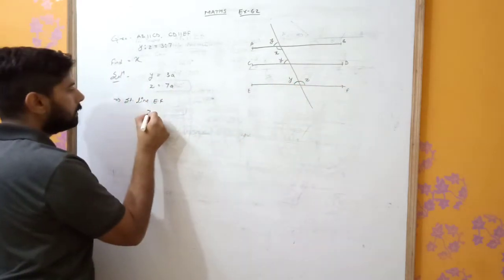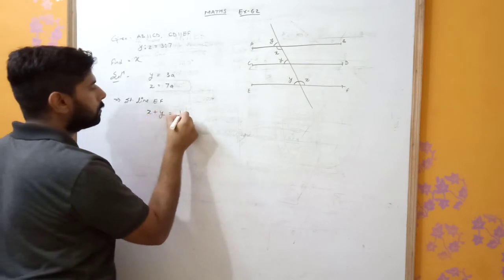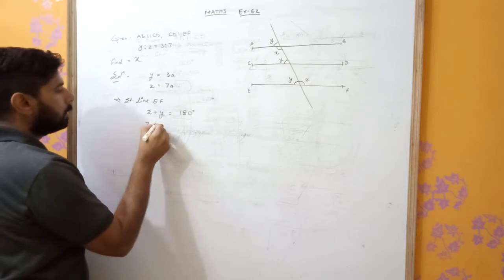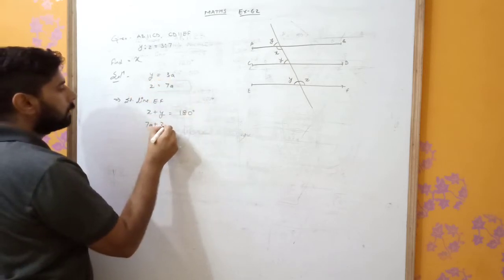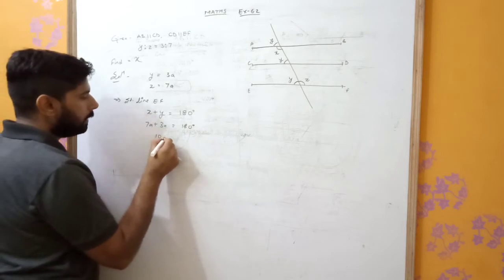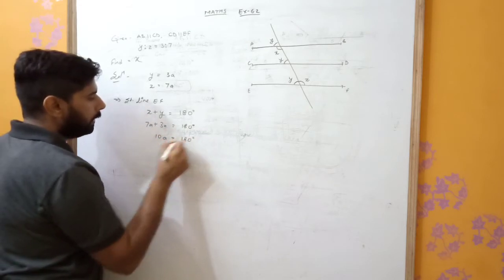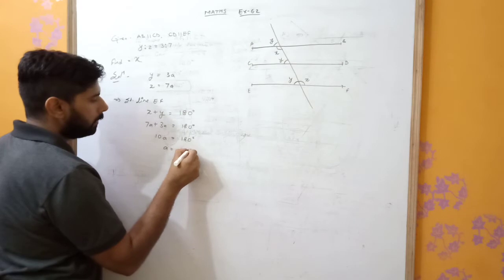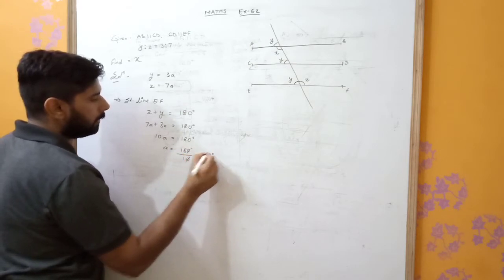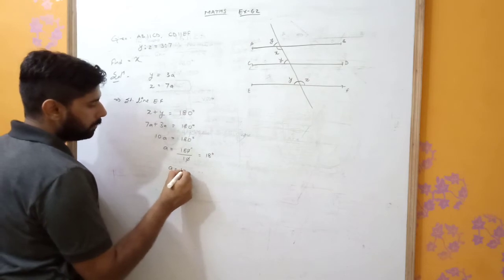That means z plus y is equals to 180 degree. Z is 7a and y is 3a is equals to 180 degree. That is 10a is equals to 180 degree and a is equals to 180 by 10 is equals to 18 degree. So we have a is equals to 18 degree.